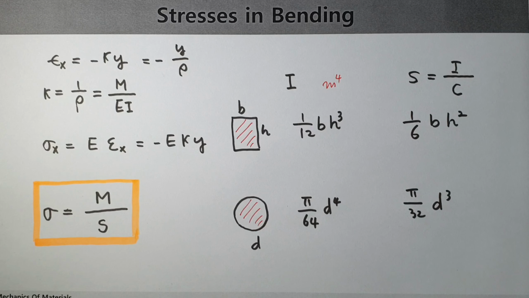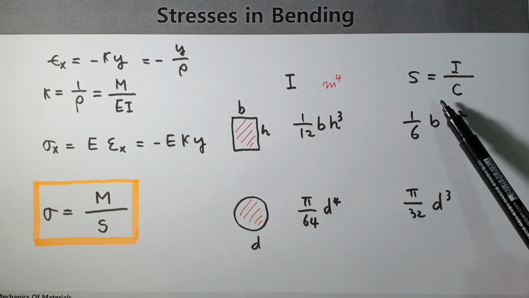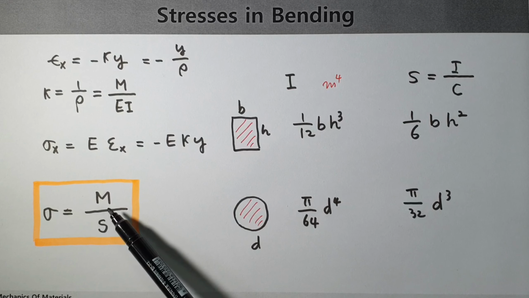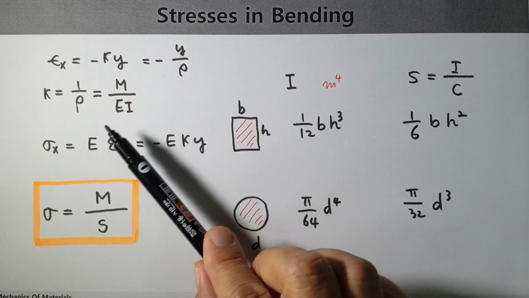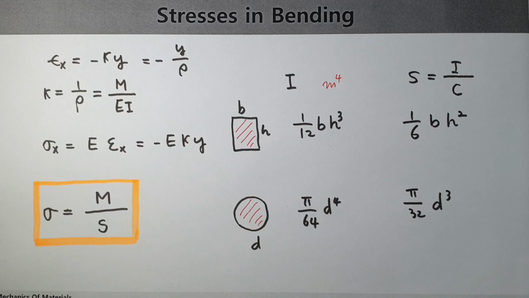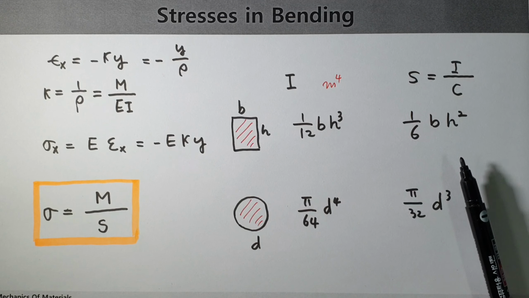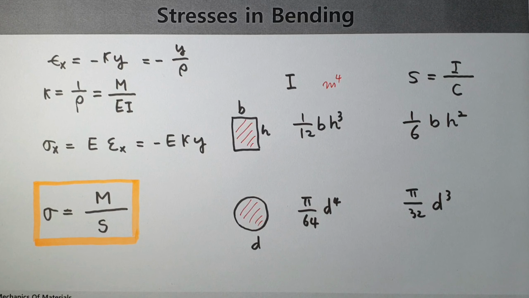When you calculate moment of inertia and section modulus, the relationship between moment, section modulus, and stress can be defined by this formula. Later on, when you think about problems related to bending, especially when you try to find the stresses inside the beam, we can apply this formula frequently, or some other relationships, and this moment of inertia or section modulus can be easily applied there.